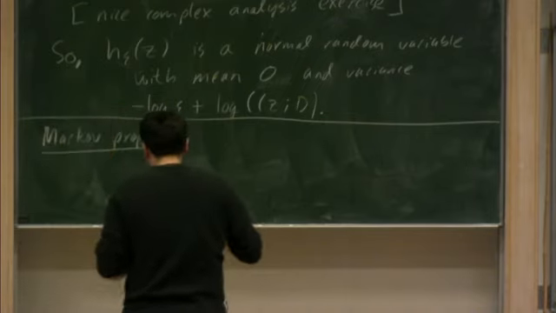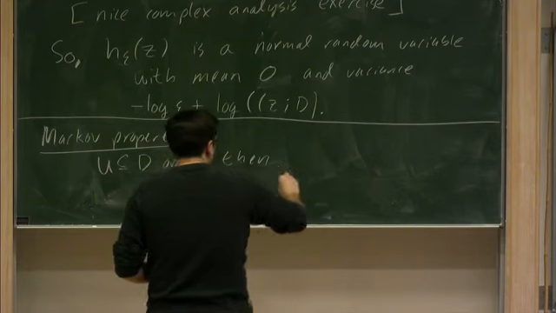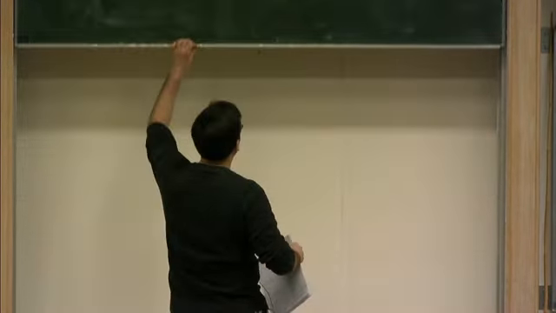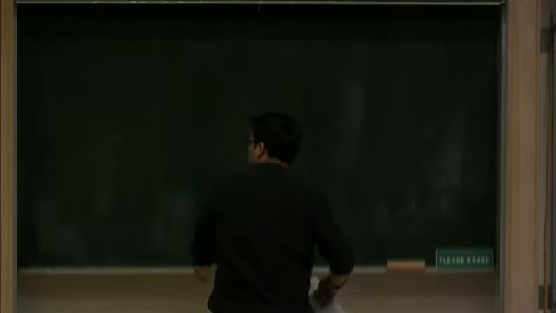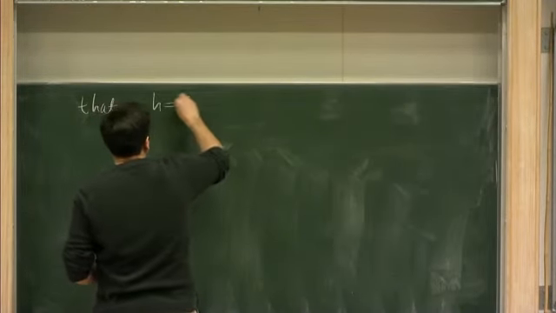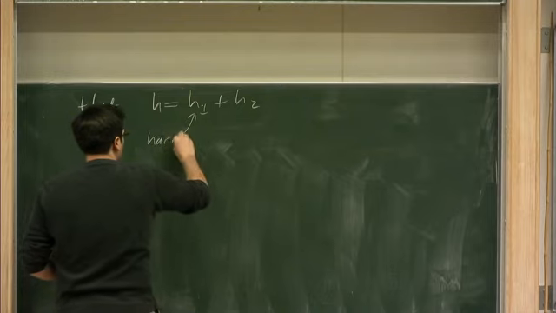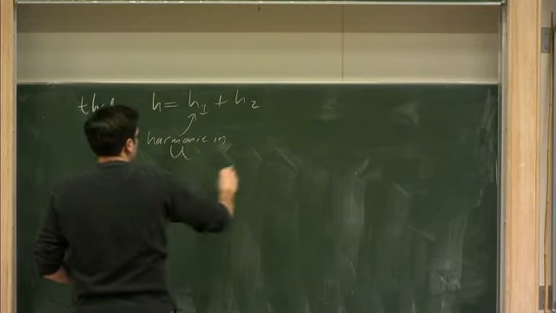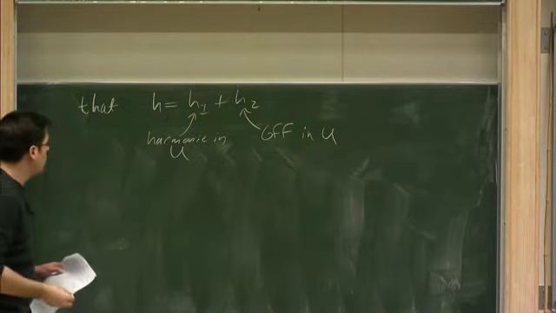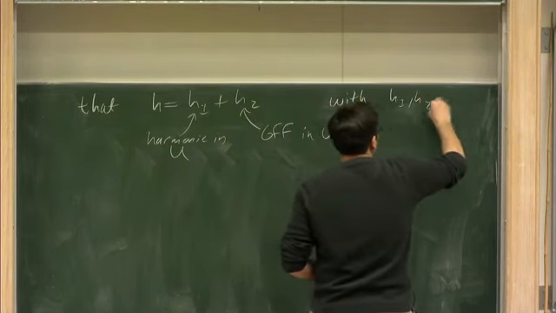So what the Markov property says is that if U in D is open, then we can write the Gaussian free field H as a sum H1 plus H2, where this H1 here is harmonic in U, and H2 is a Gaussian free field in U. Okay, and moreover, these two fields, H1 and H2, are independent.